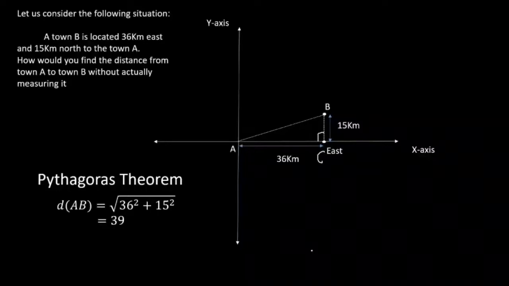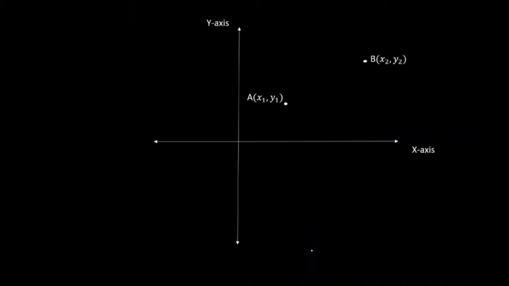Now for the same situation, suppose we are given any two points in the xy plane, say A (x1, y1) and B (x2, y2). These are general points. We can plot these points anywhere in the xy plane.